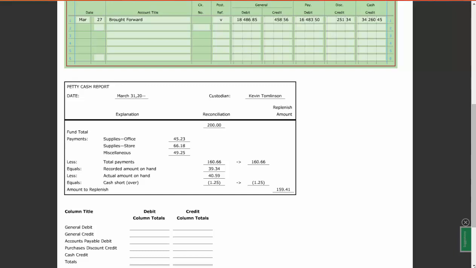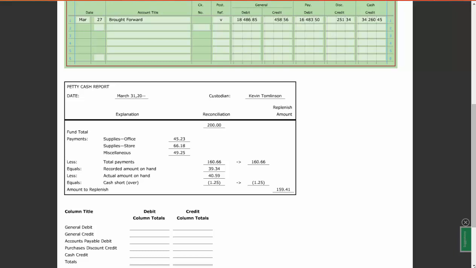Now, when I journalize this transaction, this is replenishing petty cash. Do I use the account title petty cash? No, we do not. Gentlemen, I need to do supplies office, debit, 45.23. Supplies store, debit, 66.18.